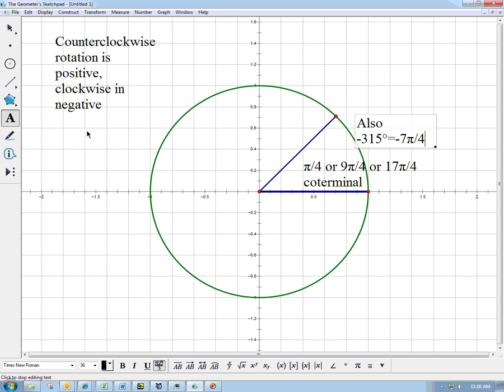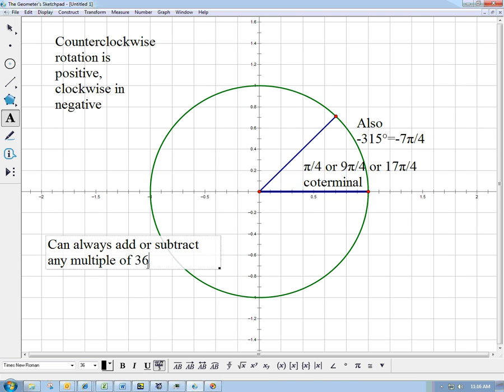And the idea, I just did one example, but the idea in general is we can always add or subtract any multiple of 360 degrees, if we're in degrees, or 2 pi radians.